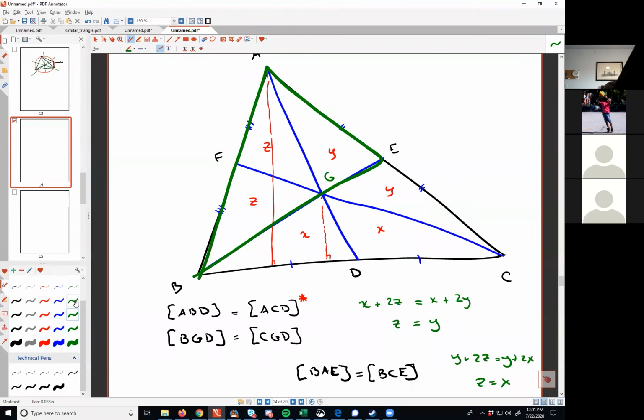Now imagine for a moment that we're looking along this line for the bases. So we've got this base and this base. Somebody tell me, what is the ratio of the areas of ABE and AGE?